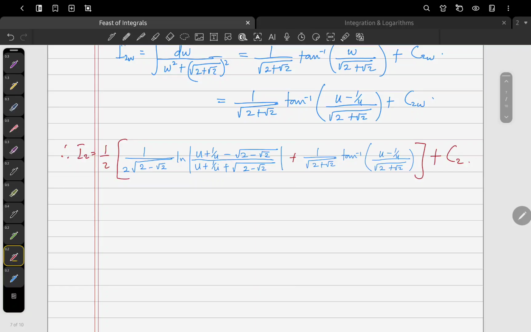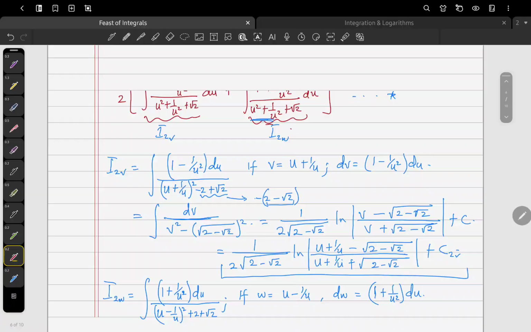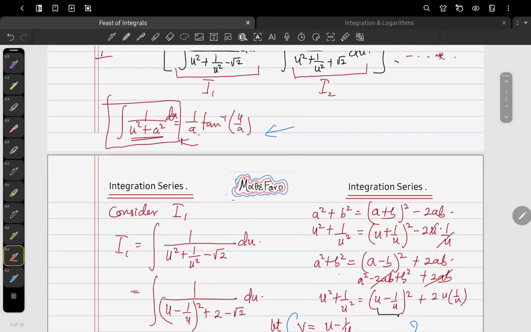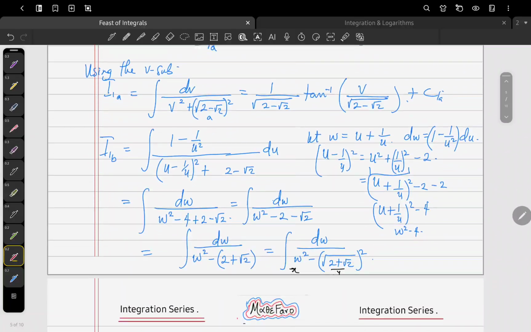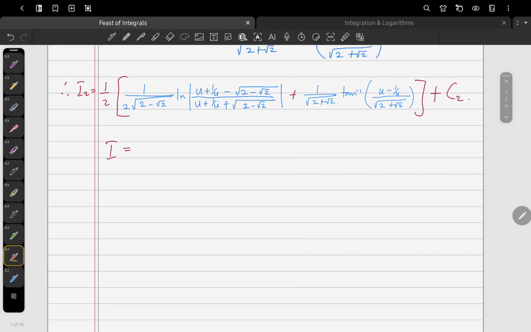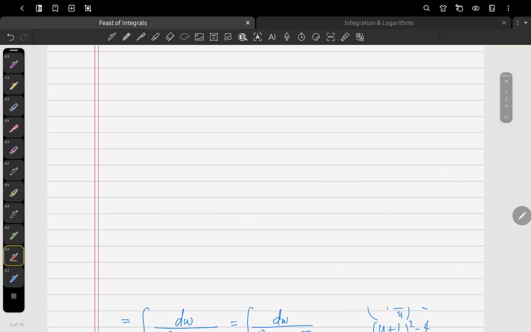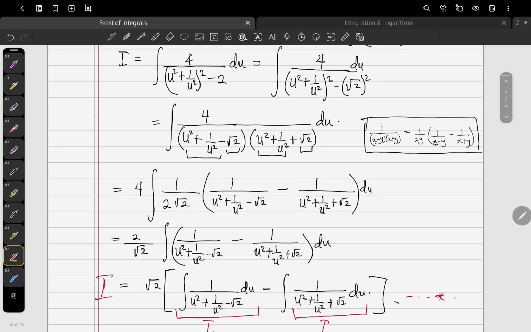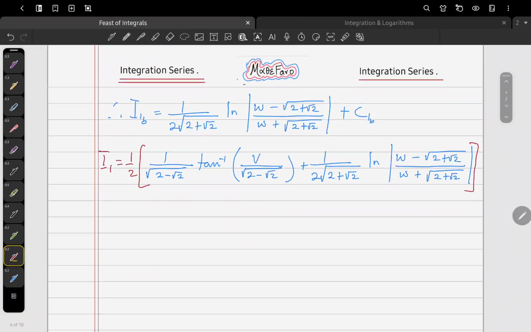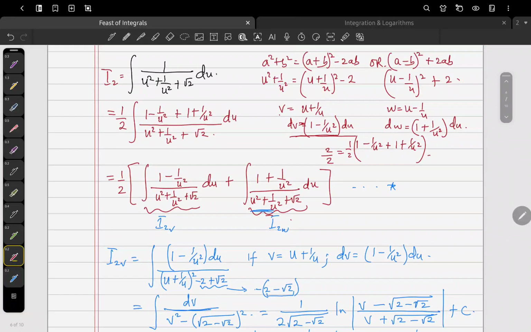Oh my God, we are at the end, because the end means we want to put I1 and I2 together. So what is I? You remember that from the beginning we have I to be equal to square root of 2 times I1 plus I2. I hope I checked that correctly. Yeah. So in this case, what is I1?